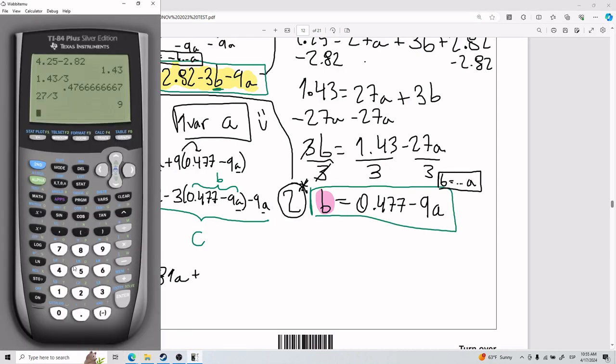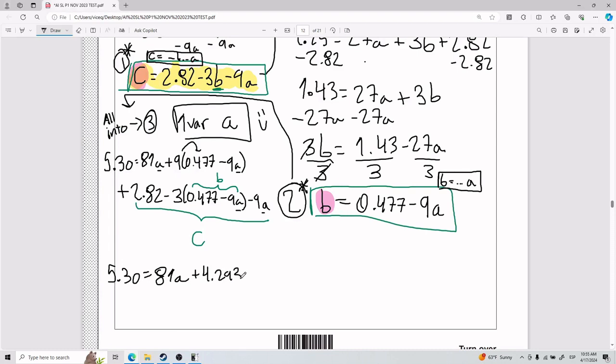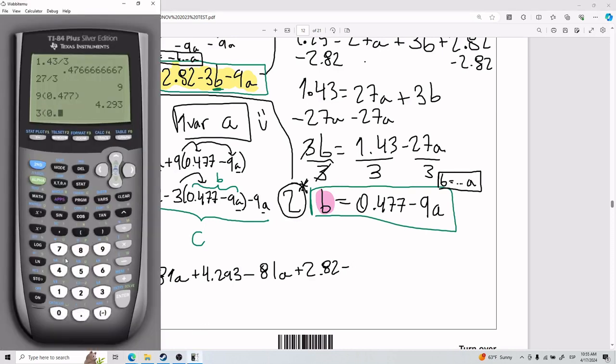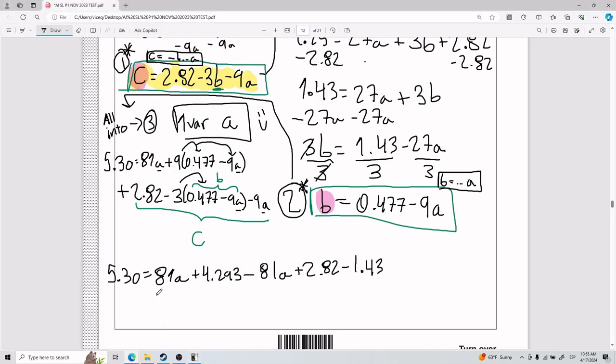So 9 times this is 9 times 0.477, 4.293, minus 9 times 9A, it's going to give you 81A, plus 2.82 minus 3 times this, so that's going to be 3 times 0.477, 1.431, sorry, and times negative 3 times negative 9. So that's going to be plus 27A. And then we have the minus 9A at the very end.